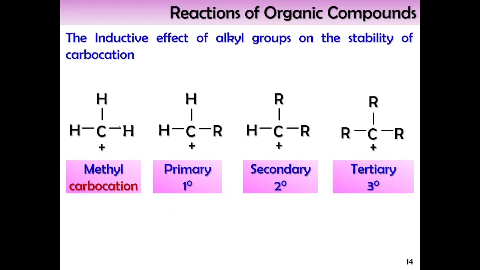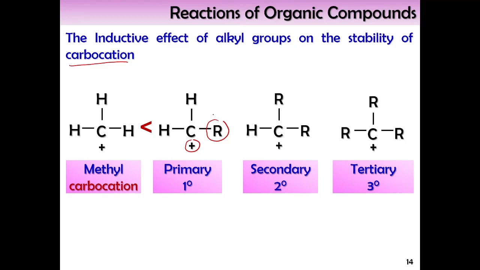As you can see from here, this is the carbocation. When you have only R as a hydrogen, that is, the methyl carbocation, it is the least stable. Why? The carbocation is positively charged, and in chemistry, something that is too positive or too negative is not stable.